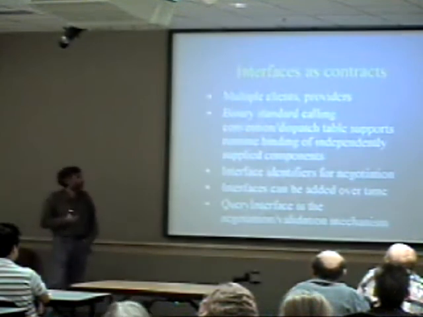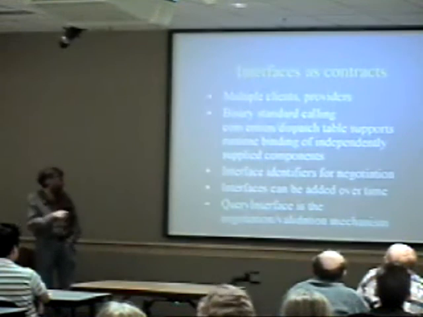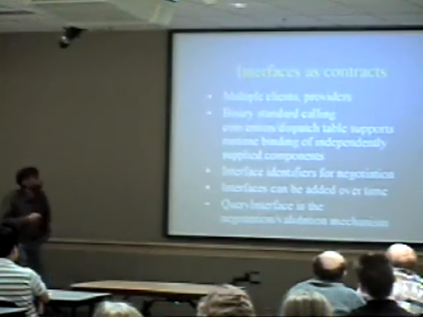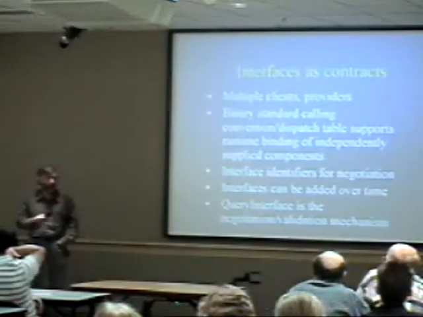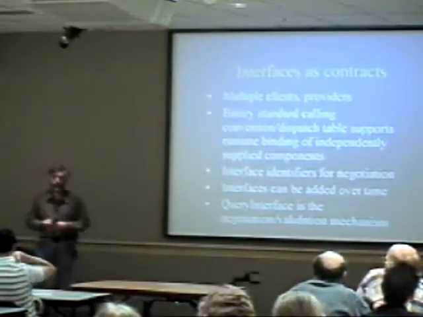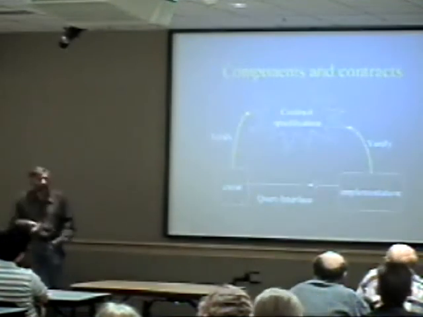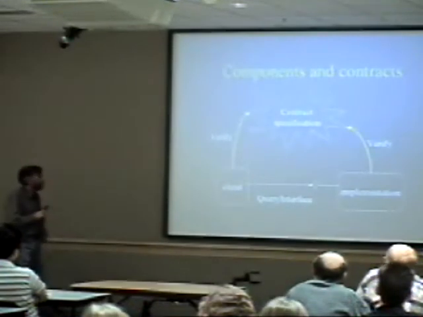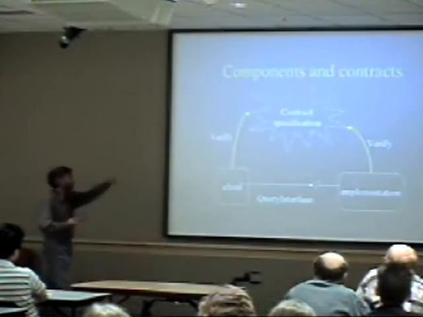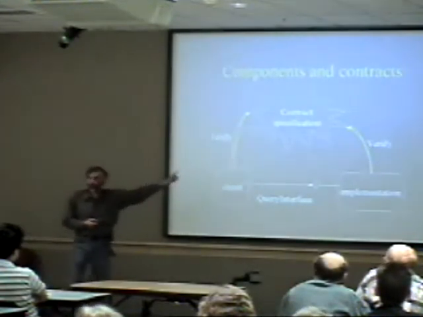I said I was going to talk a bit more about contracts. I'm not going to go over all of these bullet points, but reiterate that the idea of the contract is to capture the requirements for substitutability and for correct binding of things. It was only this year that I actually drew this picture to try and explain it. Most thinking about components and contracts is aimed at verifying that a client meets the precondition or verifying that an implementation meets the specification.